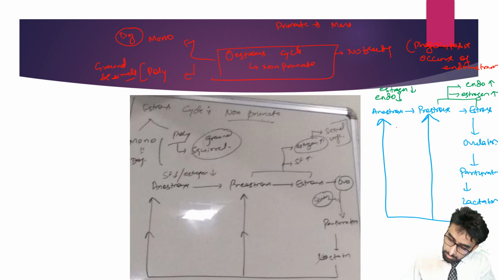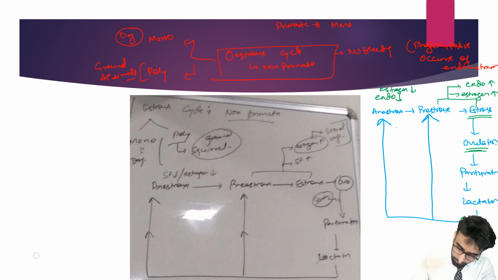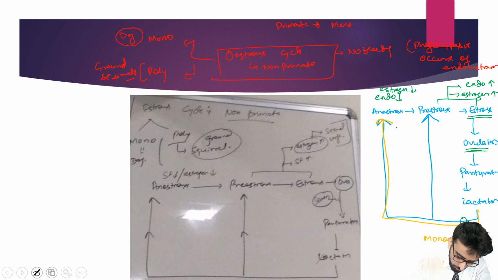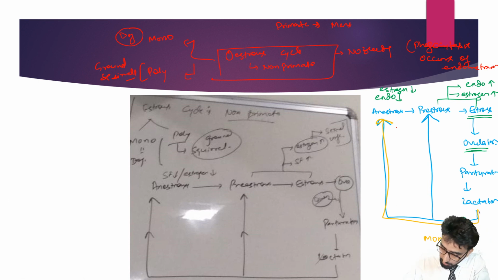Now after the estrus phase you will have ovulation, then further pregnancy. After pregnancy, if it is a monoestrous animal, this animal will follow this course and enter the anestrus phase till the next season. And if it is a polyestrous animal, this animal will follow this phase, meaning it will go to the next cycle.